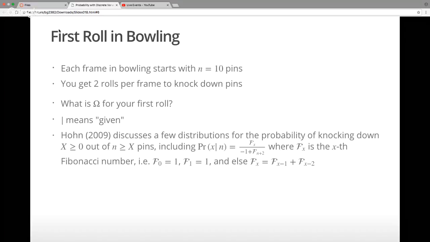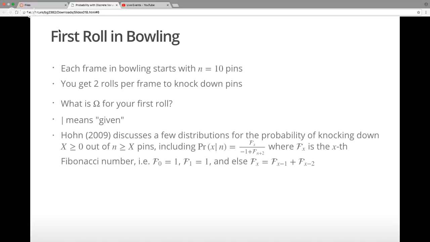Anyway, she discusses the probability of knocking down capital X pins, so that's going to be greater than or equal to 0, out of little n, where little n is conventionally 10, but she does a whole lot of other stuff for alternative bowling games where you have more than 10 pins.